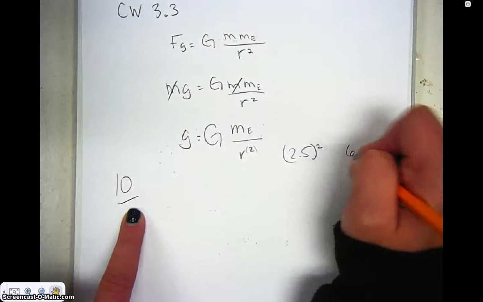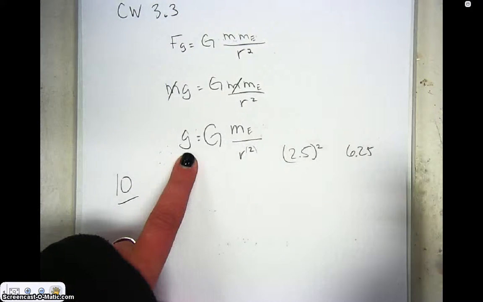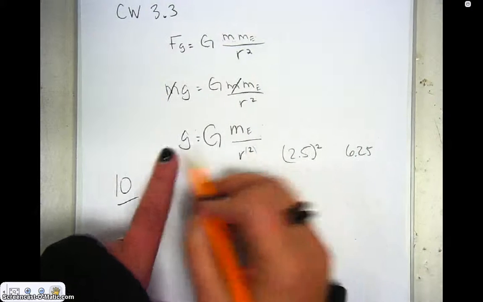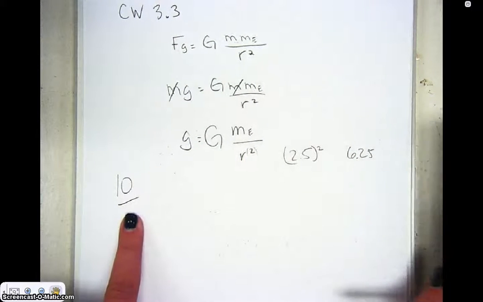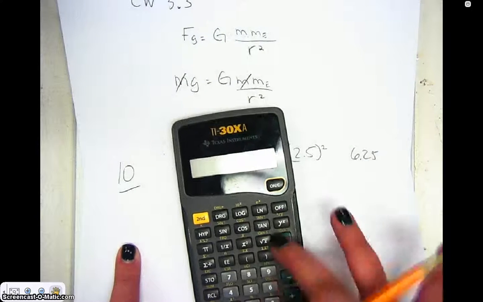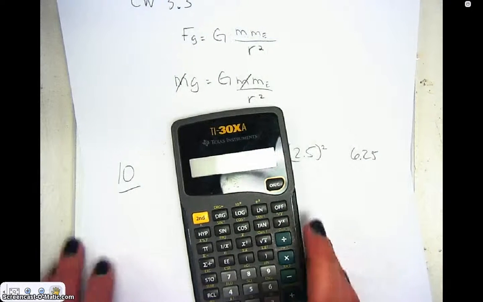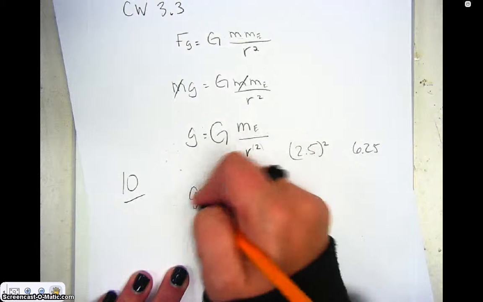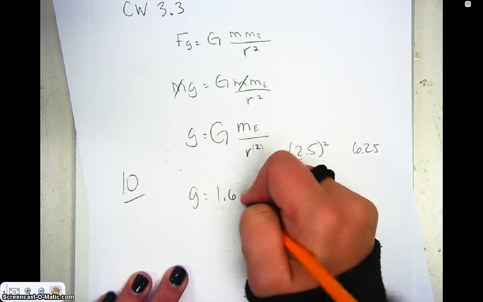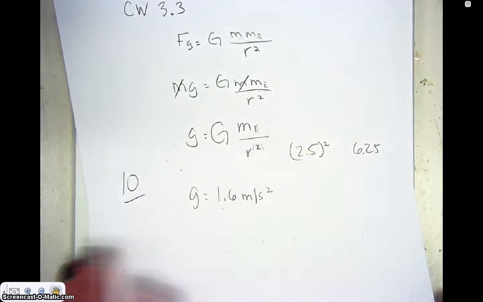So this is going to change by a factor of 6.25, and it's going to get smaller because it's being divided over here. When the radius gets larger, the gravity gets smaller. So I could just take 10 and divide it by 6.25, and I would get an answer of 1.6. So G would be equal to 1.6 meters per second squared.